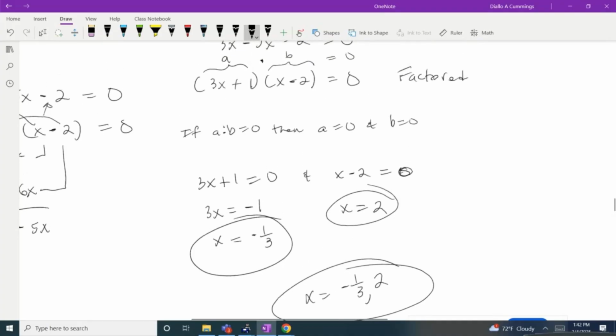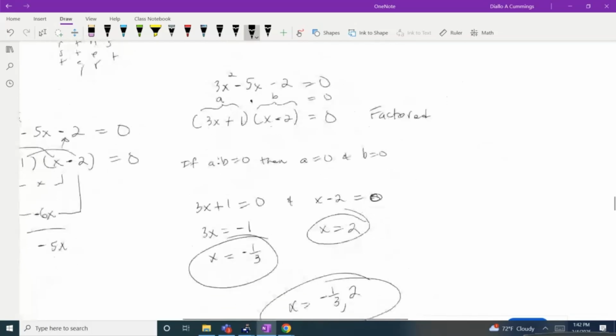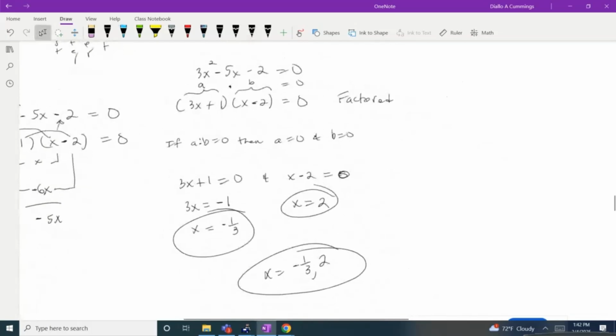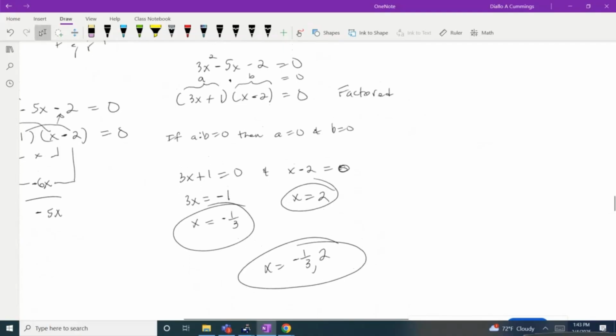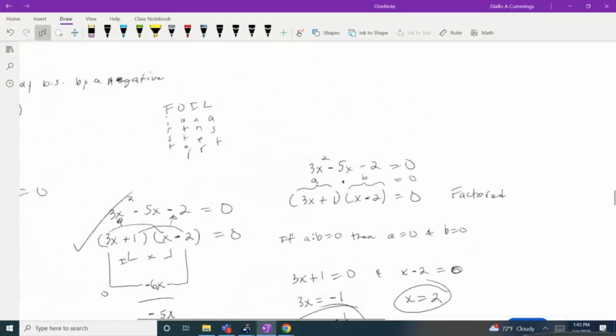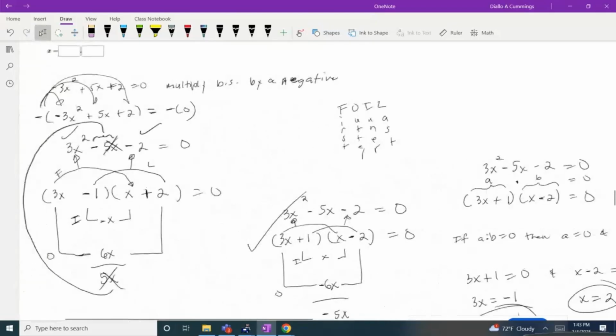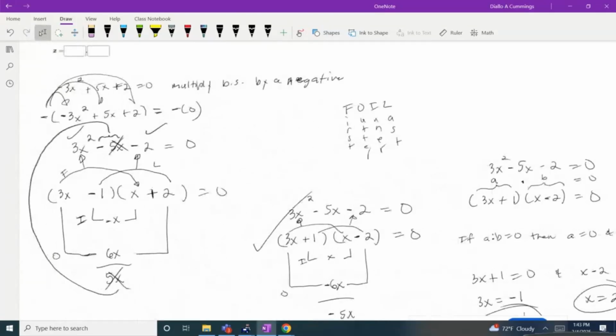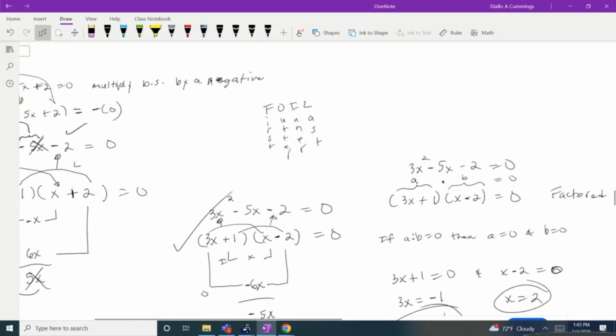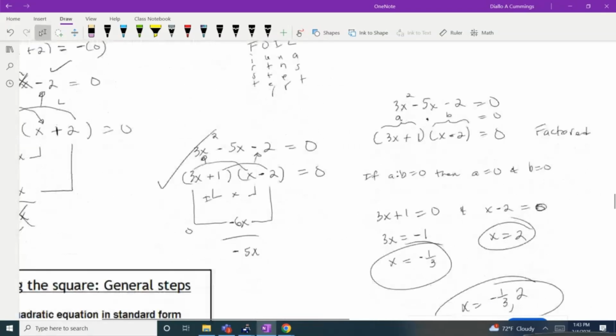All right, now in the interest of time and of some headaches going through this stuff, we're only going to look at two methods: the factor and solve and the quadratic formula method. So I'm going to take this same problem that we just factored, and we're going to use the quadratic formula, and we should get the same exact answers.